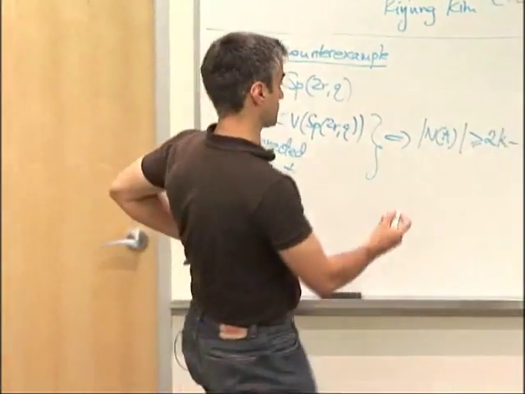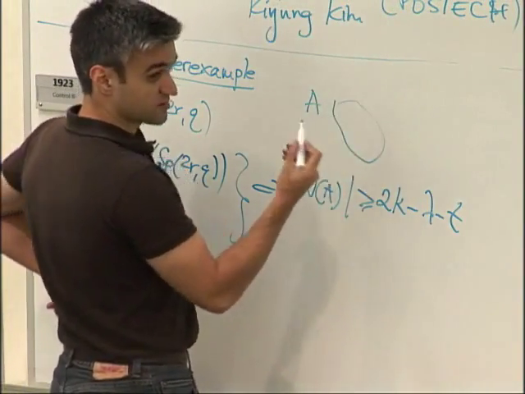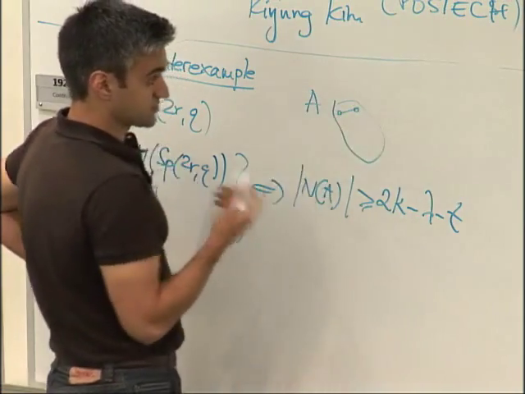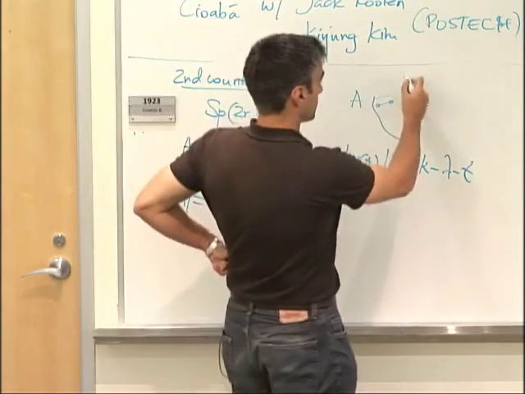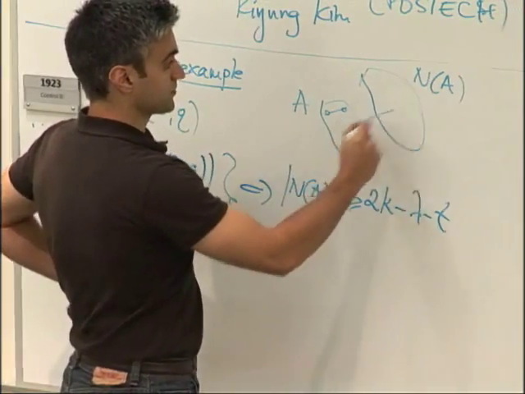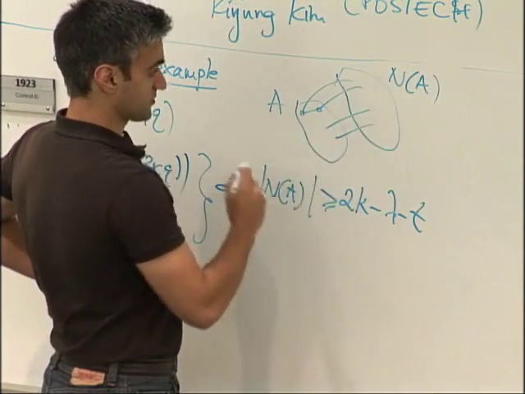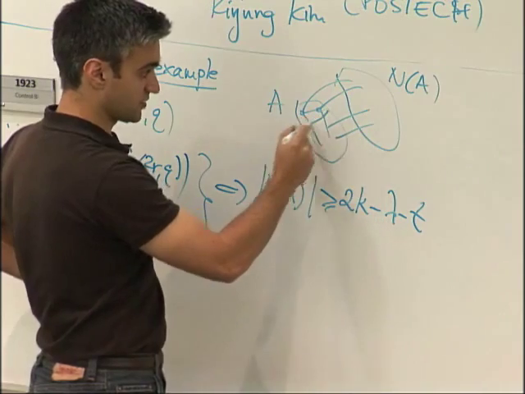So here's the picture of how this works. If you have your A here, it's connected. So you have at least one edge in there. And now you're looking at the neighborhood of A. You could have edges here, but you're going to have edges from here. And these vertices could have neighbors here as well.